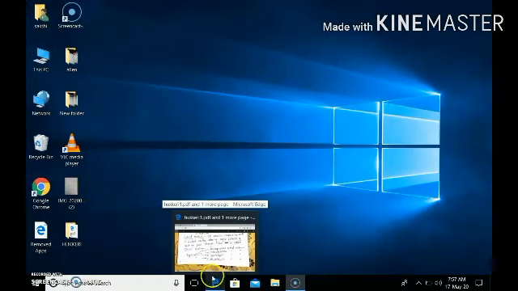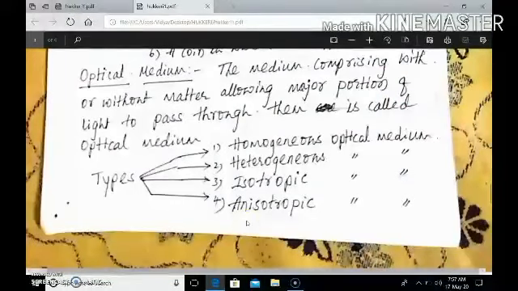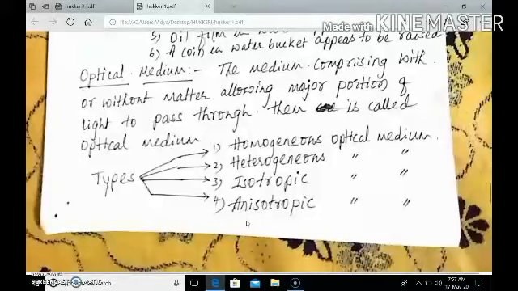In continuation with the first video, further we discuss the optical medium. We have discussed the various effects of light. Thereby we continue with the optical medium.